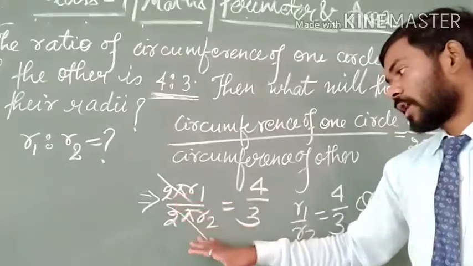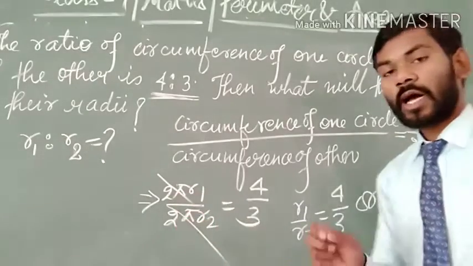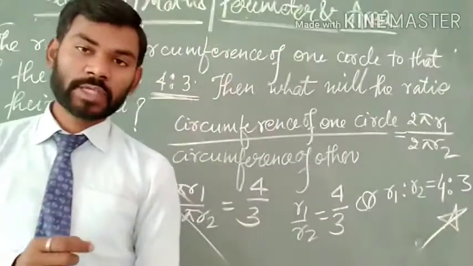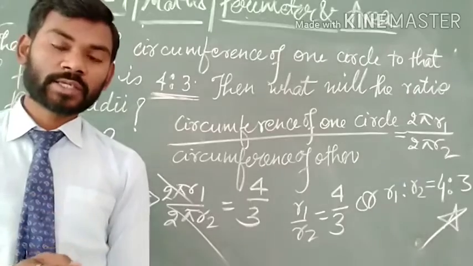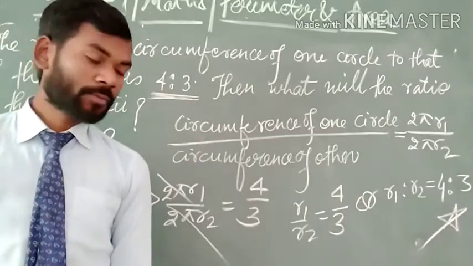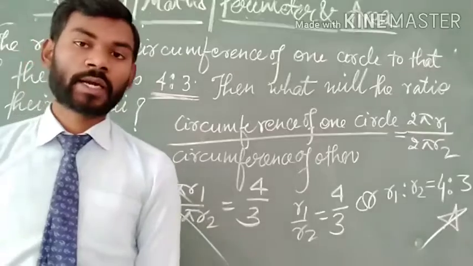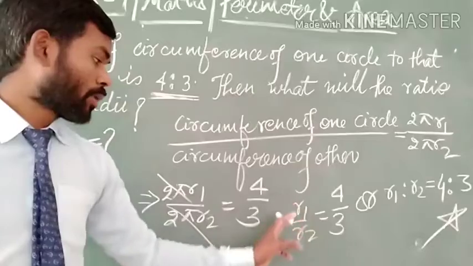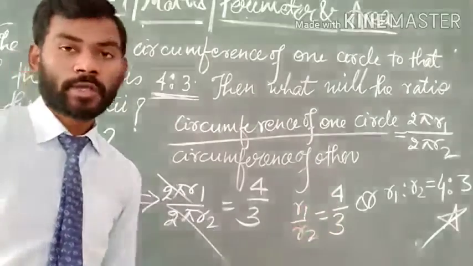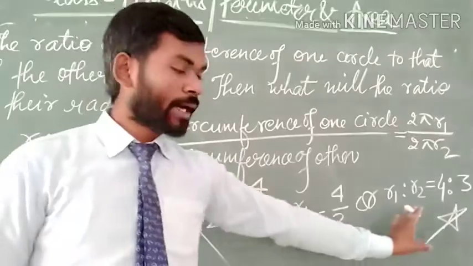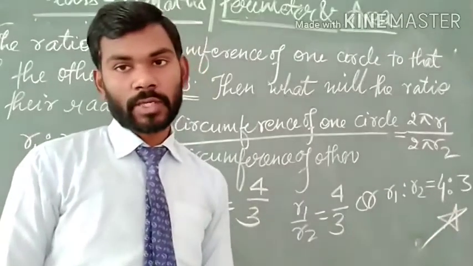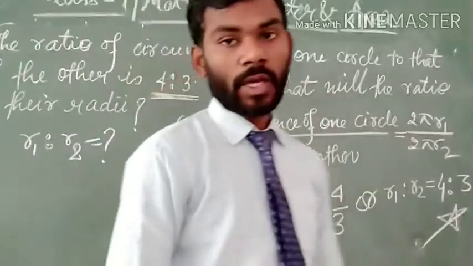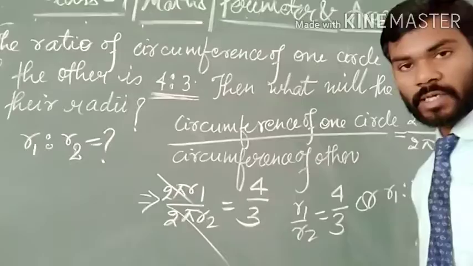The 2 pi and 2 pi are constant. Pi has the value 22 upon 7, so it does not change for any other circle. Therefore pi cancels out, and at last we get r1 upon r2 is equal to 4 upon 3, which gives the ratio r1 to r2 as 4 ratio 3. I hope it is clear to everyone. Now let us see our next question.